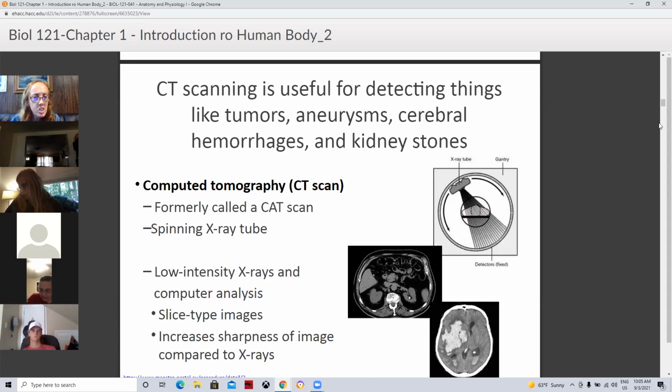It's a modified X-ray tube in that people, or objects, are placed within the center of a spinning tube. In this spinning tube, there is an X-ray tube that rotates around the individual with a detector or a photographic film on the opposite side.